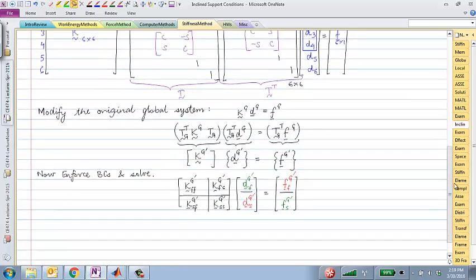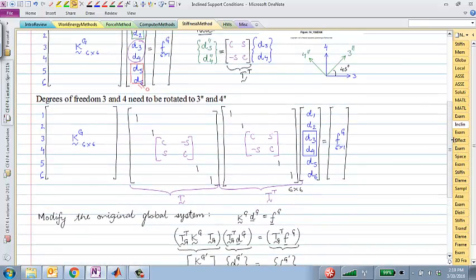And very quickly, what that amounts to doing is taking that global system of equations and inserting this T times T transpose right here.